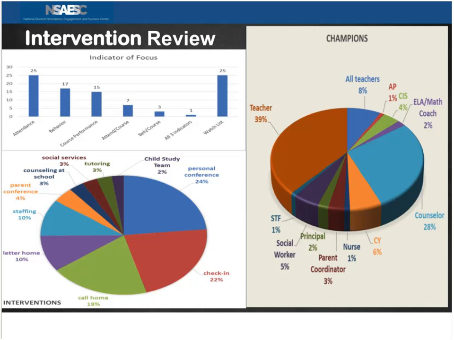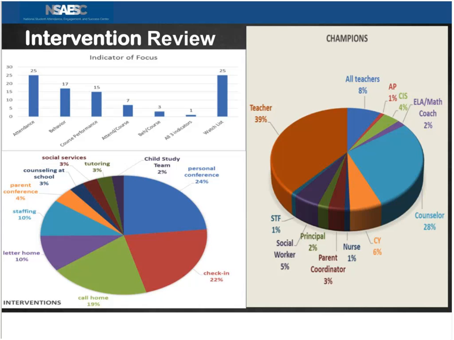So as you can see in the top right-hand corner, they looked at their champions. Who were the people that were being the champions or the point person for most of the interventions that were being assigned? And they wanted to see if there were some people and staff that were overwhelmed and possibly could use help from other areas or other staff members on their teams.